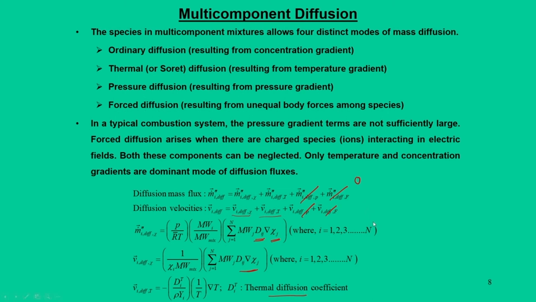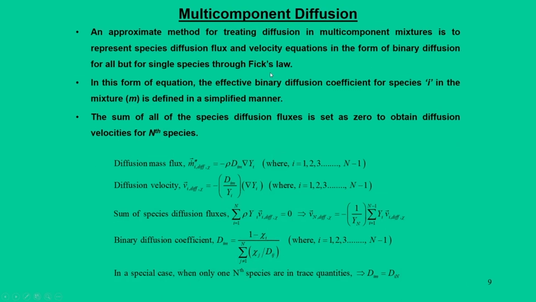But however, in our preliminary study, we will only focus on the diffusion components due to concentration only. So, to do that, one simple analysis that can be made, or which can be considered an approximate method, is to represent the multi-component mixture species diffusion flux and velocity equations in the form of binary diffusion coefficients, for which we can recall Fick's law.